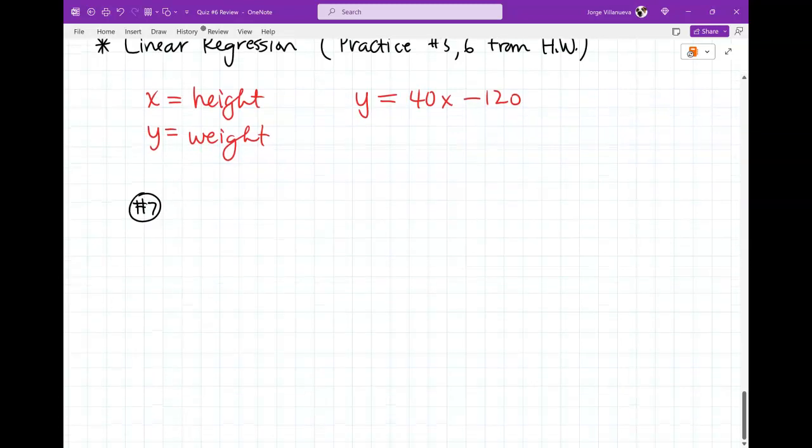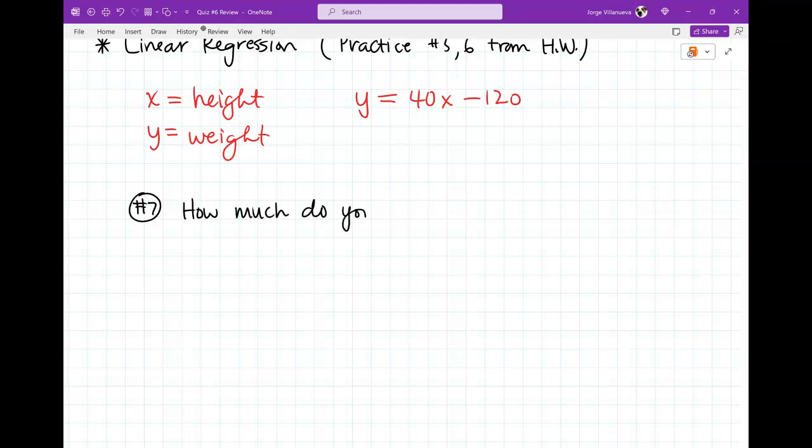So number 7. How much do you weigh if you are, let's say, 6 feet tall? According to this equation, how much do you weigh if your height is 6 feet?